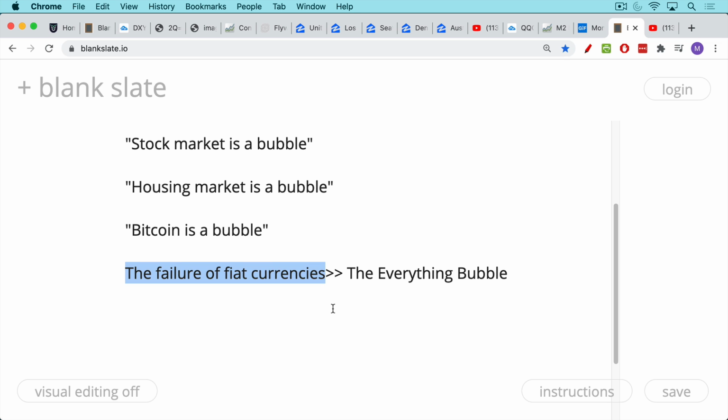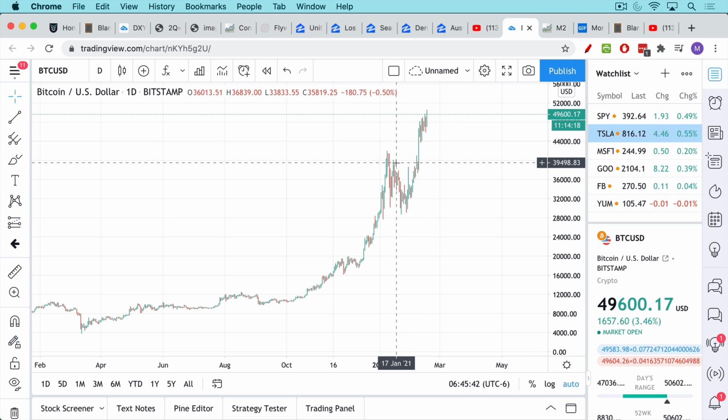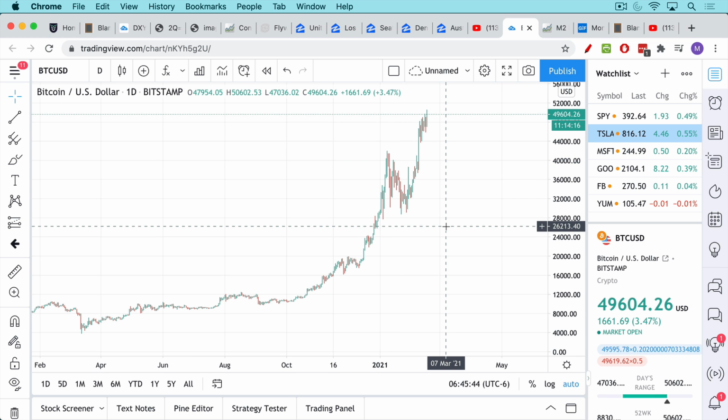Fortunately, we have Bitcoin now. Bitcoin is the most honest thermometer in the room. And when we see what Bitcoin has done over the past year, this gives us a real insight into the real devaluation of the US dollar and of other fiat currencies.